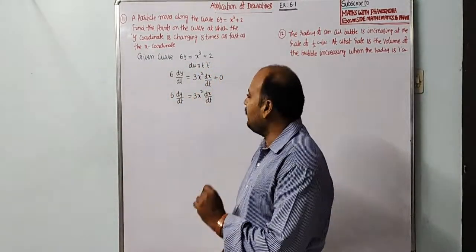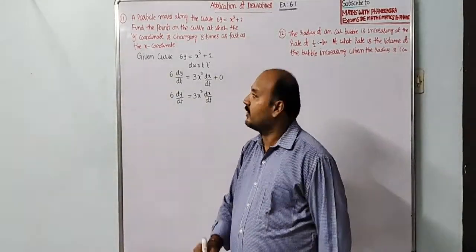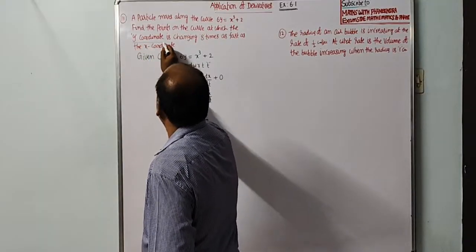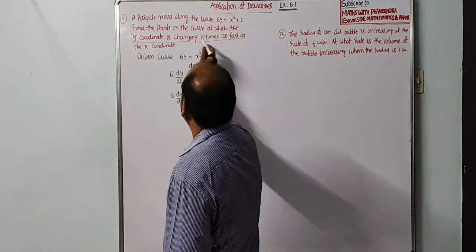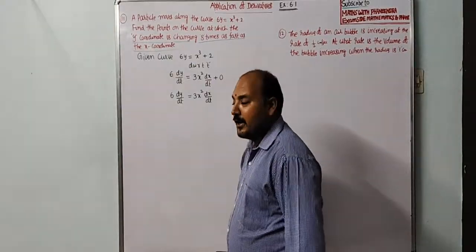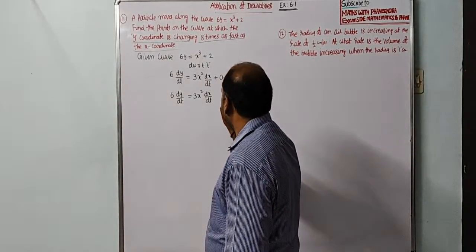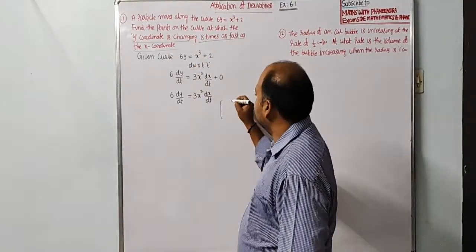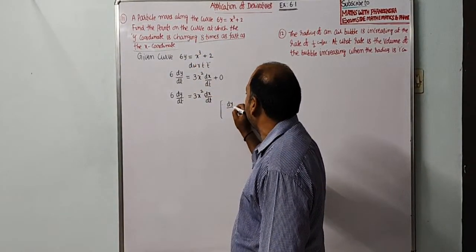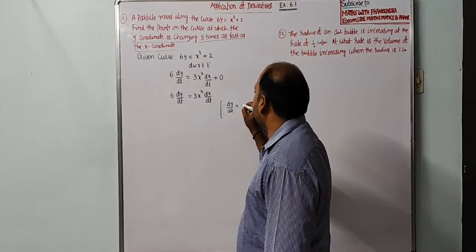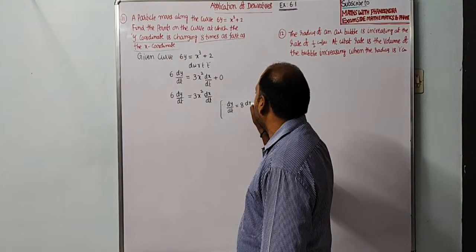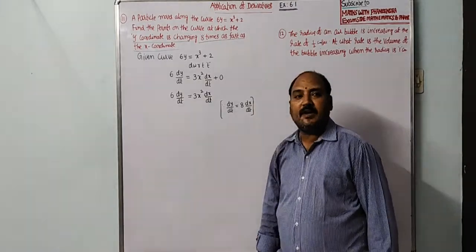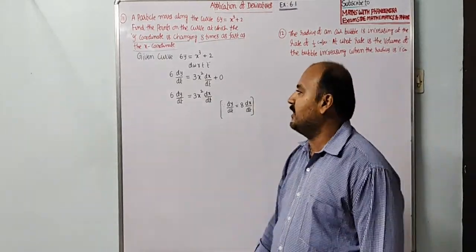Okay. After completing this one, condition. The y coordinate is changing 8 times of the x coordinate. Since the y coordinate is changing, that means the rate of change of y coordinate is 8 times of the rate of change of x coordinate, 8 times of dx by dt.